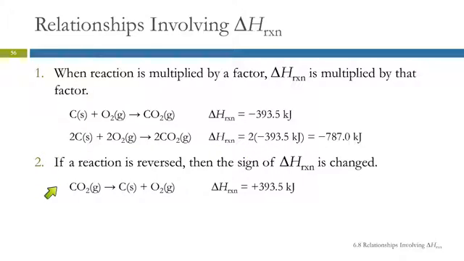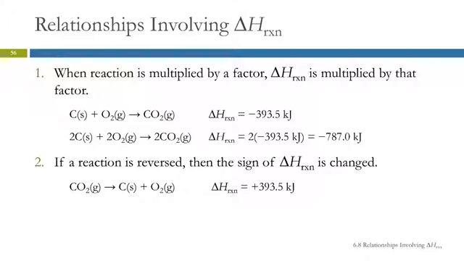If we run the reaction in reverse, we take carbon dioxide and decompose it into carbon and oxygen. That's a little hard to picture, but let's think about an ice cube. When you melt an ice cube, you have to put a certain amount of energy into it, right? If you take that melted ice cube and you want to freeze it again, how much energy do you have to pull out? The same amount, right?